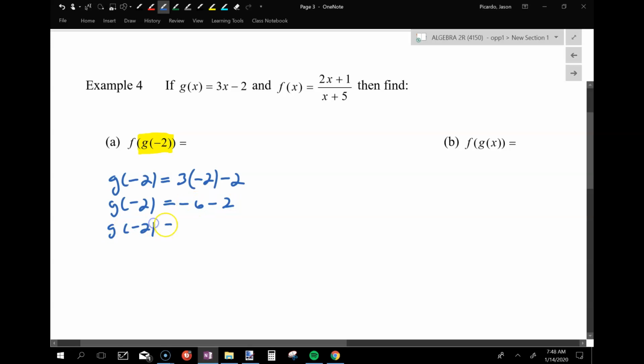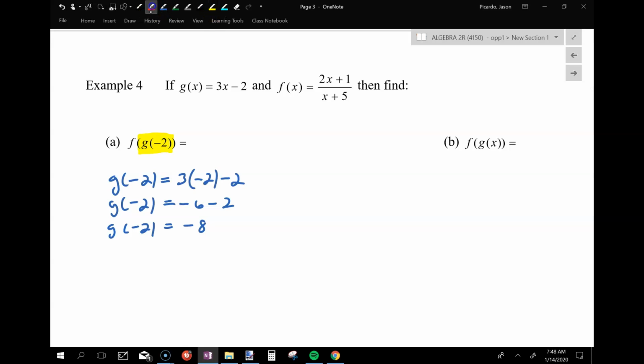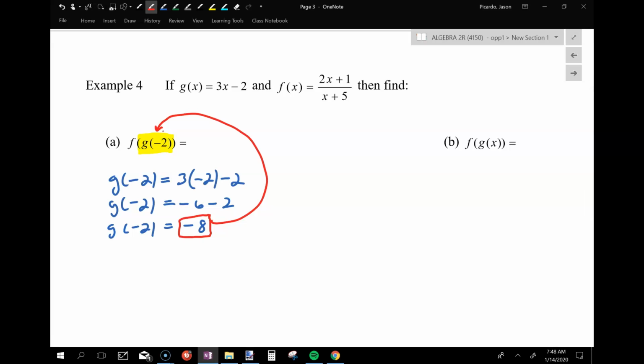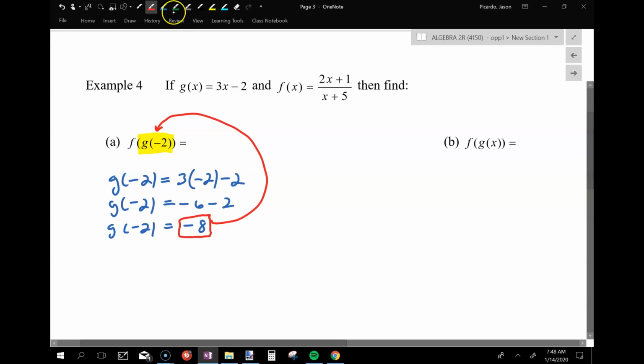And g of -2 is equal to -8, correct? And then what do I do with the -8? I take that and I go back and plug it in, right? So what am I finding now? Now I'm finding f of -8, the thing that I'm plugging in, right?